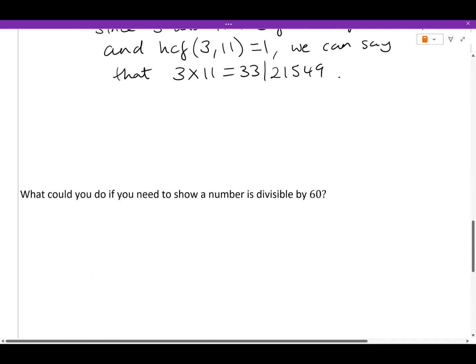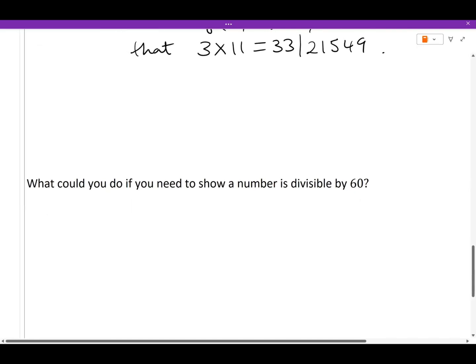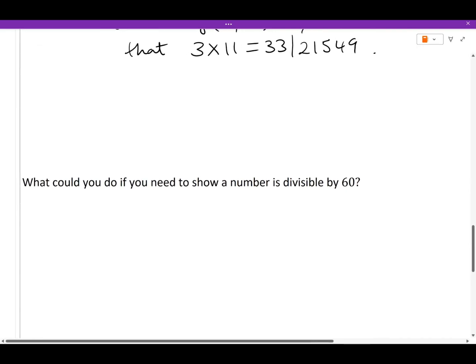We're not going to do a full question. We're just going to look at how potentially we'd figure things out for, for example, 60. 60 is quite a big number we've got going on there. Now, if you try and think of factor pairs of 60, you'll likely not get a pair that would necessarily have the divisibility checks you're familiar with.